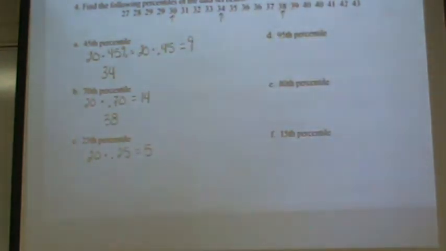C wants the 25th percentile, so that's going to be our 20 times 0.25. That's 25%. That's going to give us 5. So we need to count 5 numbers in. 1, 2, 3, 4, 5. So 30 is at the 25th percentile.